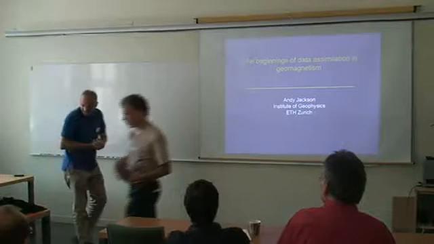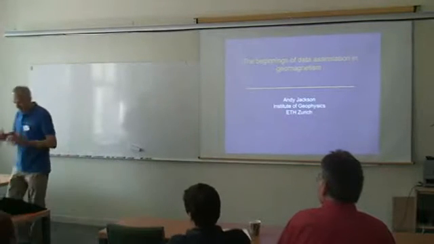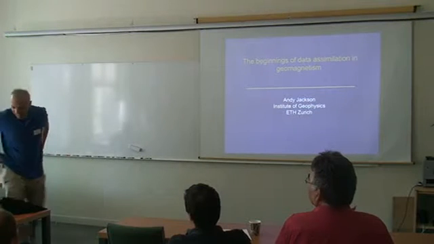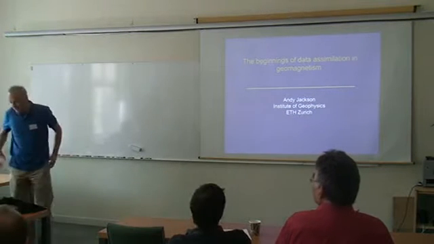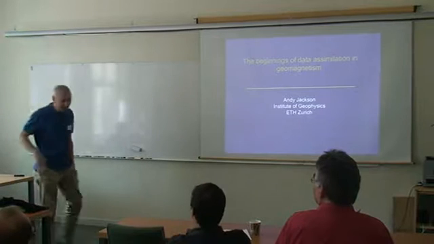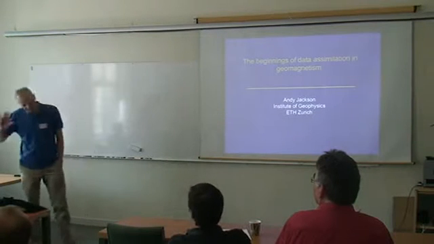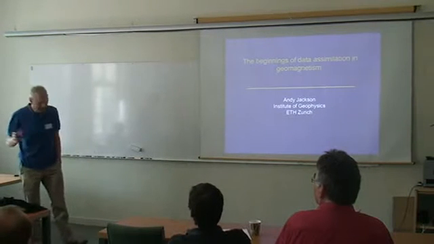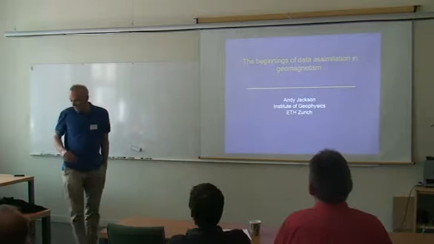Andy, please. So, as they say, now for something completely different. I will try to give you a feeling for the kinds of problems we're thinking about in geomagnetism. I realize most of you are in meteorology or oceanography, but I think you'll see the connection.